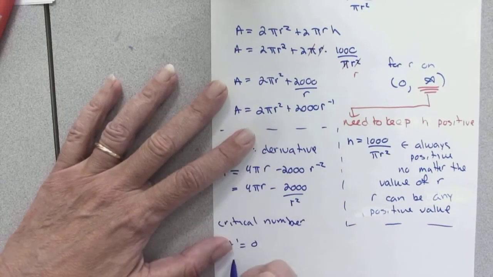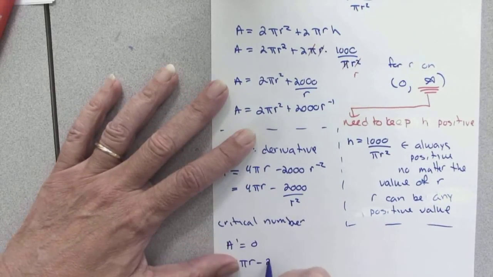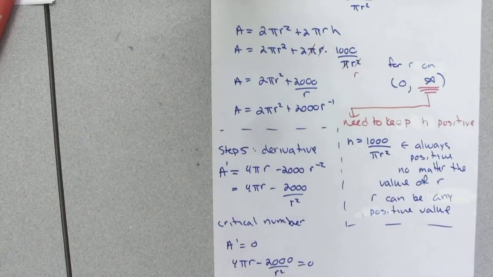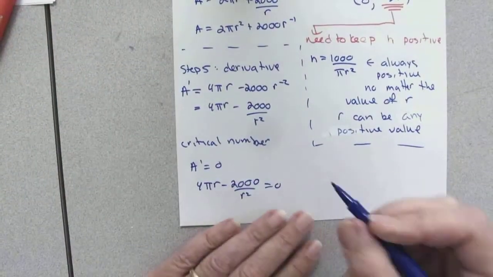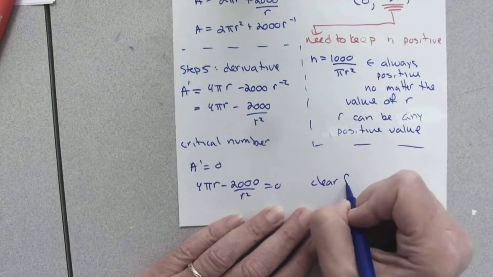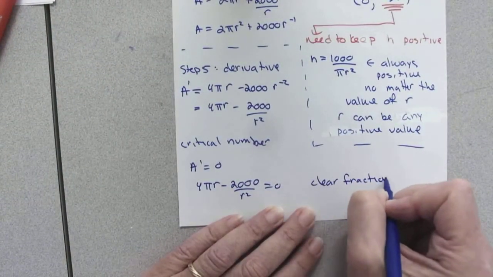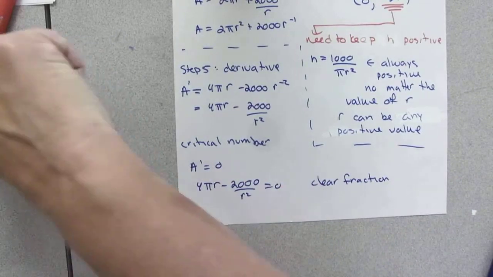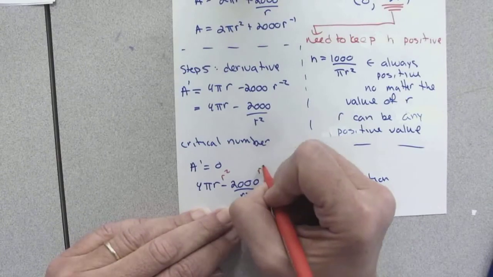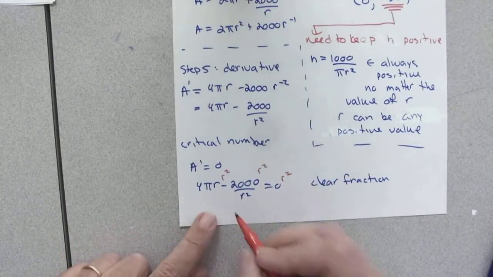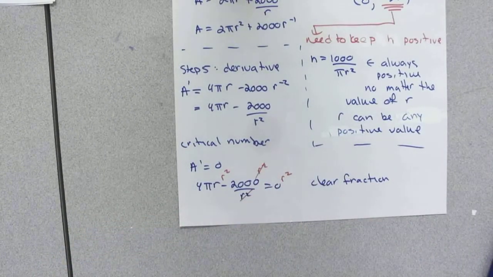So set my derivative equal to 0. Solve that equation. Clear the fractions. So I'm going to multiply everybody by r squared. It's going to cancel there.